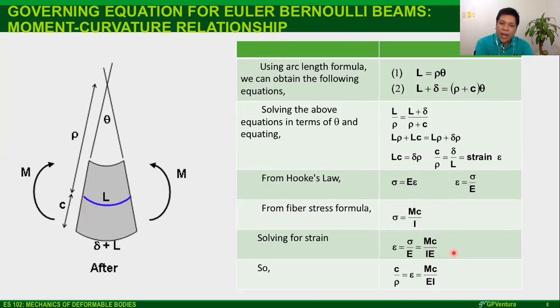Now, that equation can actually be equated to another one. I know that epsilon is Mc over IE, but then again, epsilon, as we have shown before, where is that? This one over here, epsilon is also c over rho. So I can say that c over rho is equal to Mc over IE or Mc over EI.